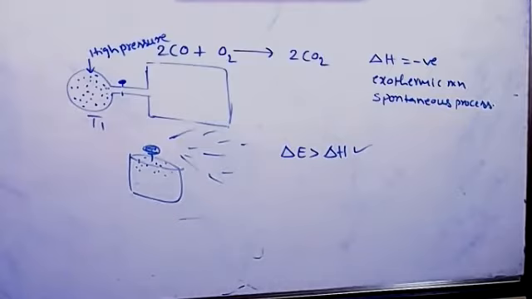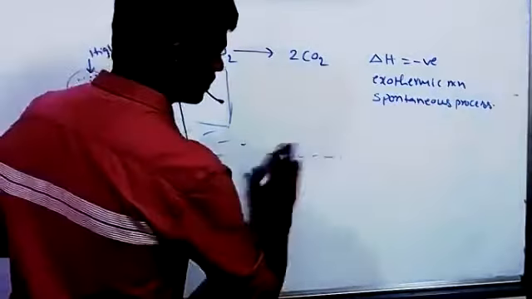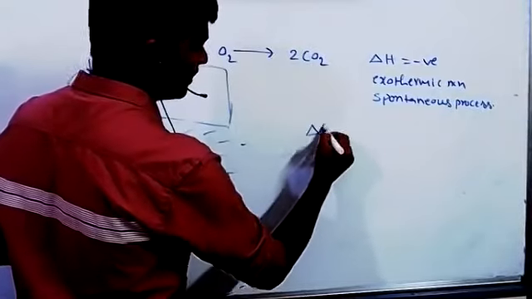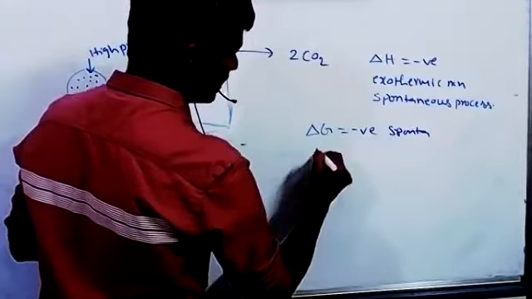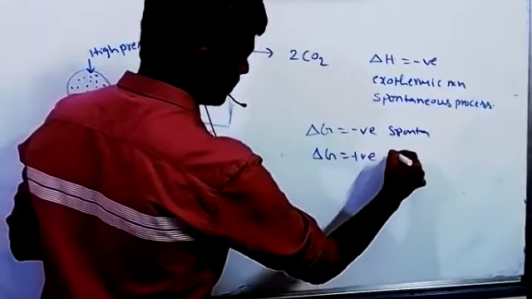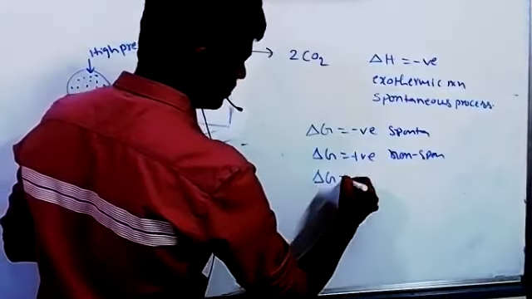Okay, next, the third one. For a system in equilibrium, delta G is equal to 0 under conditions of constant. So here delta G is 0. We discussed this already. If delta G is negative, spontaneous. If delta G is positive, non-spontaneous. If delta G is equal to 0, equilibrium.